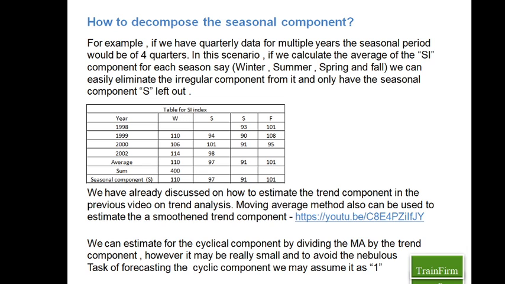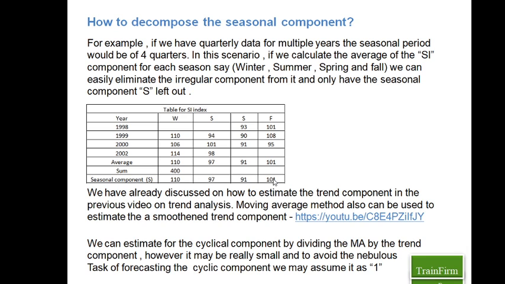But to make your analysis very accurate, we will normalize this to 400. How would you do that? You just multiply this 110 by 400 divided by this sum. That's going to take the entire 4 numbers to the base of 400, and this is the normalized number.